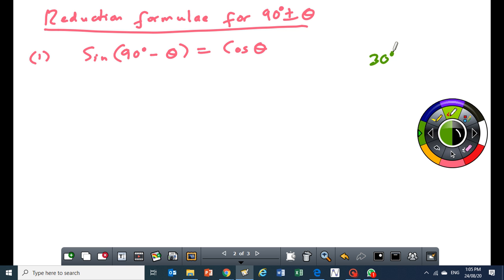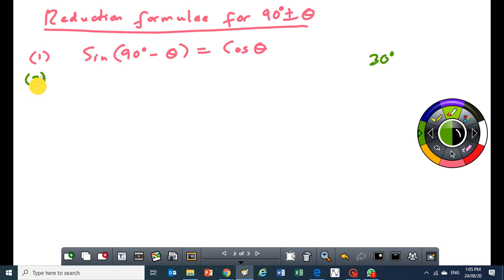I hope you remember your special angles from last year: 30 degrees, 45, 60, and 90. Sine 60 is square root of 3 over 2. Cos 30 is square root of 3 over 2. So you must get the same, as long as theta is acute.